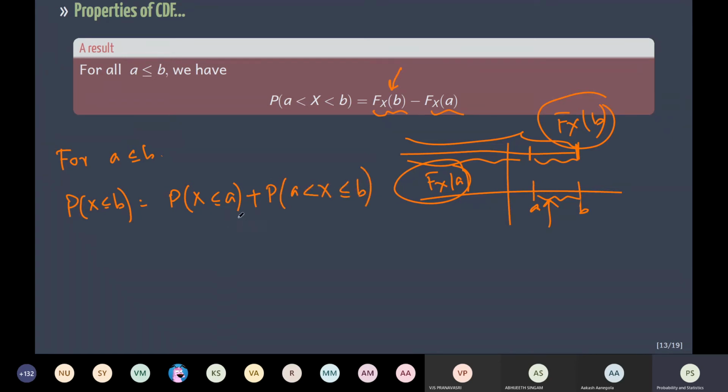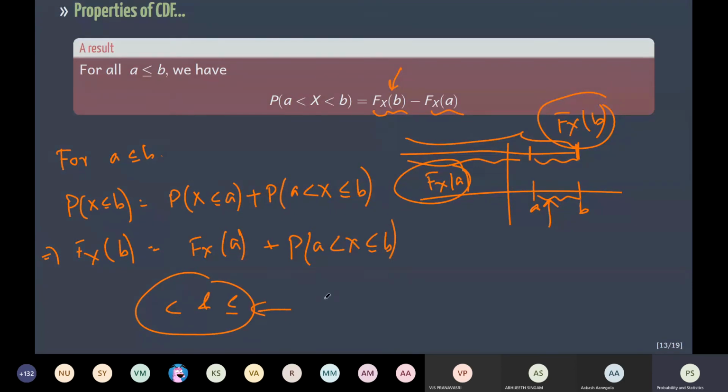So this is what we know from probability, and this is nothing but F_X(b) equals F_X(a) plus the probability that a is less than X less than or equal to b. In the discrete case, we have to keep note of the inequalities, because they make a difference in the discrete case.